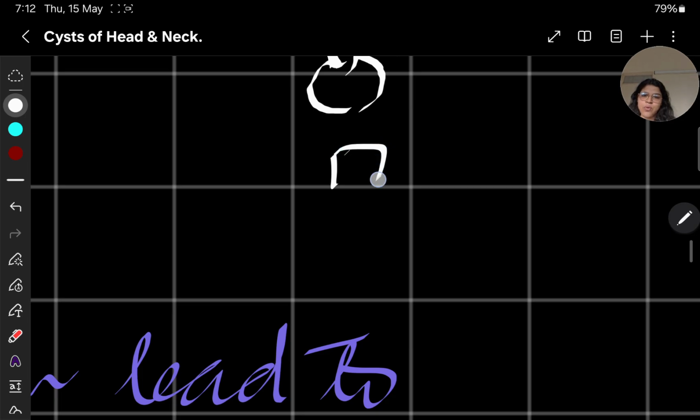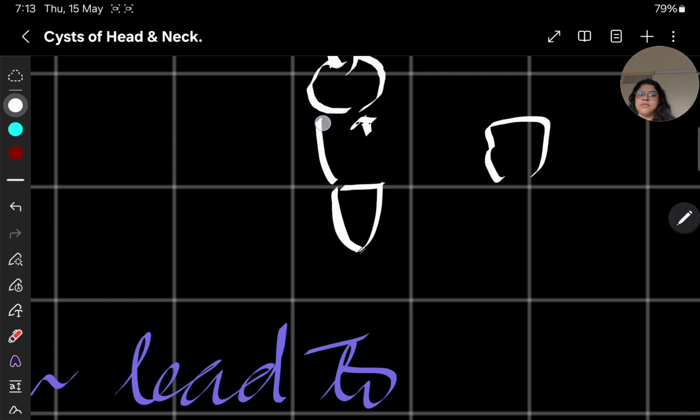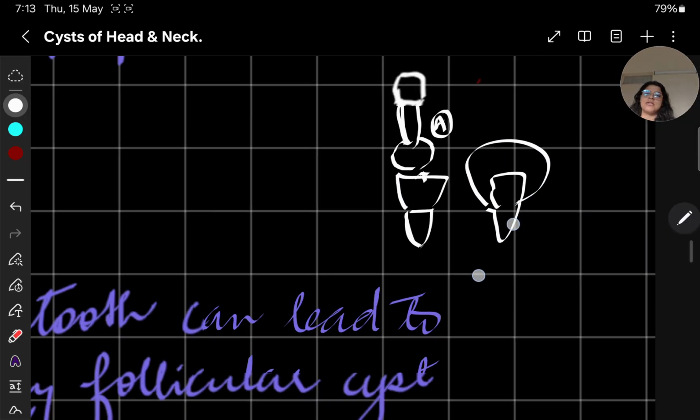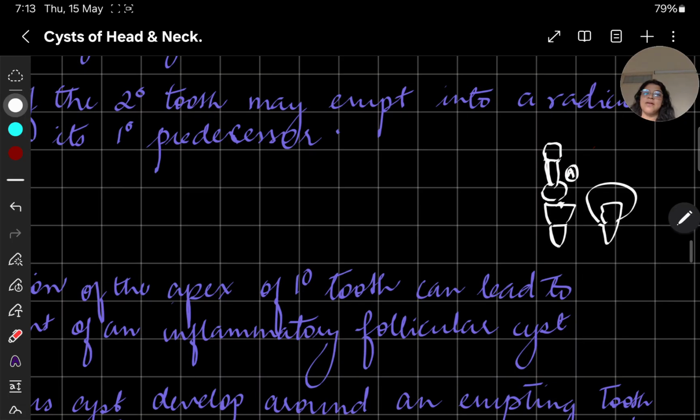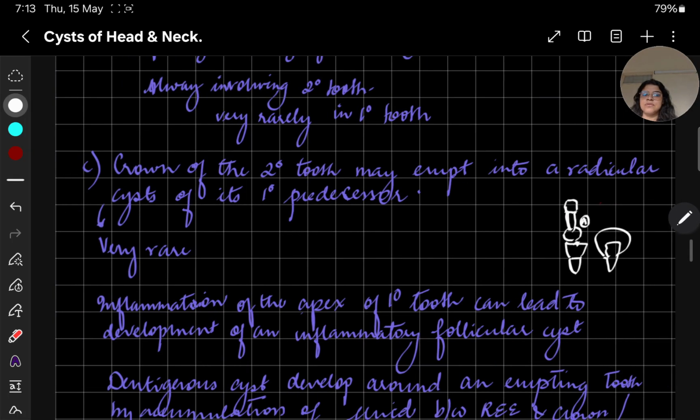Then you have your tooth coming out, and it will go into the radicular cyst, and this one, should I draw this one bigger, will form a dentigerous cyst, and this will shed off, okay.